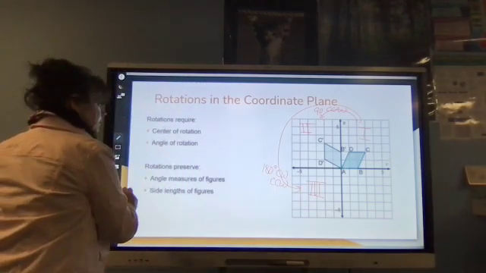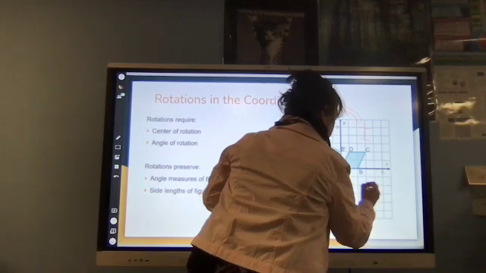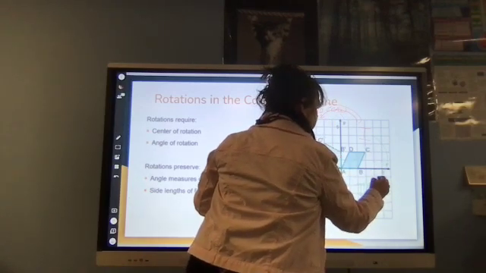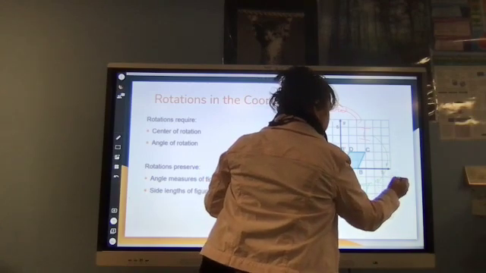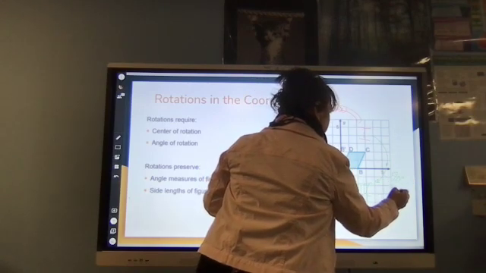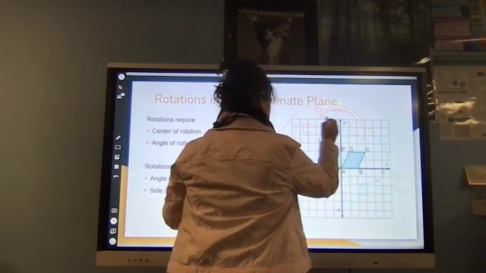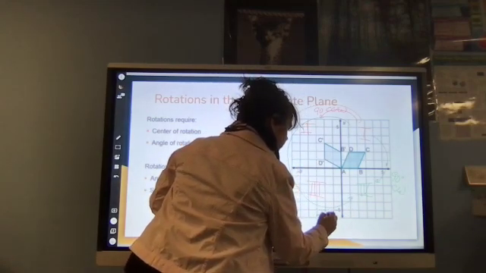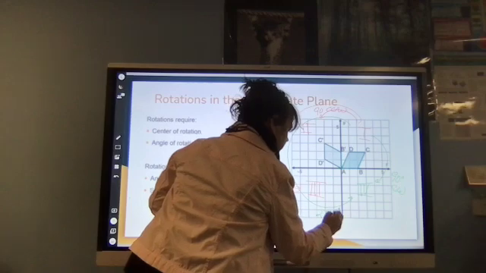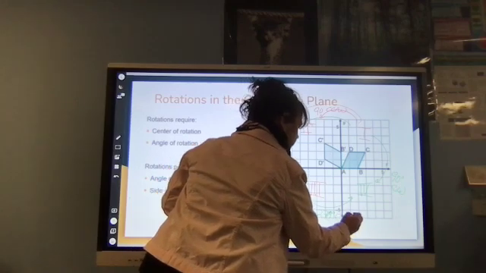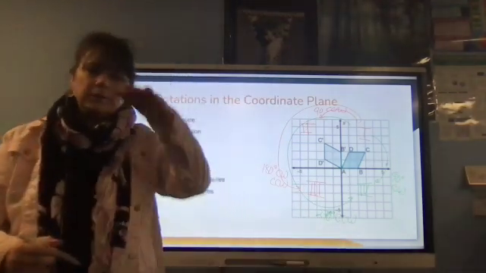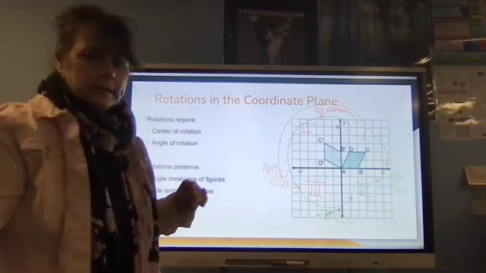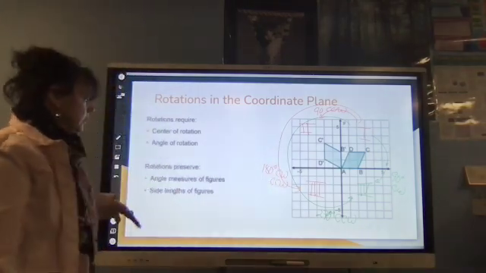Or we could be rotating from quadrant 1 to quadrant 4, and if we went this way, we would be going 90 degrees clockwise, or if we went this way, we would be going 270 degrees counterclockwise. So we have to pay attention. Are we going counterclockwise or are we going clockwise? So those are important keys to pay attention to.